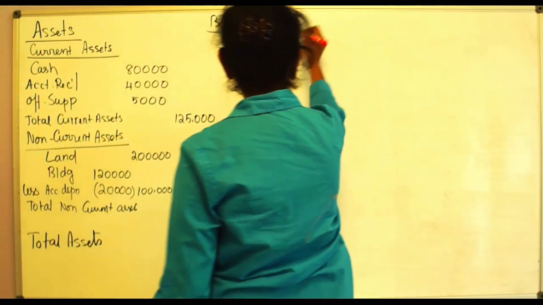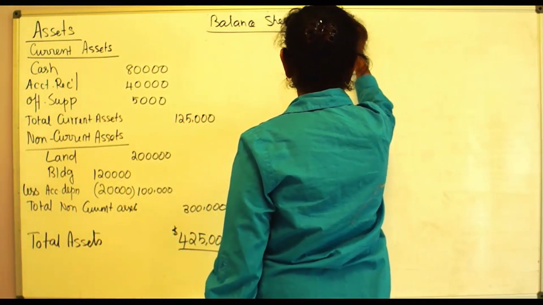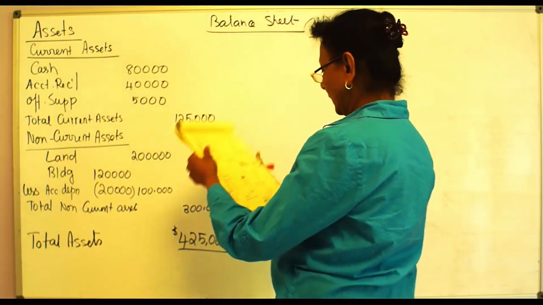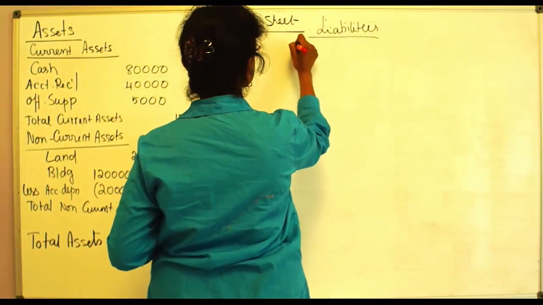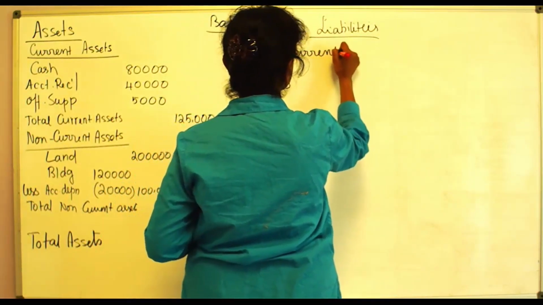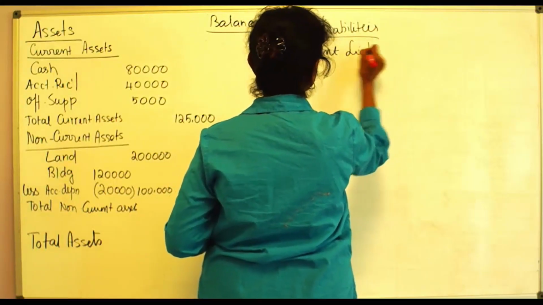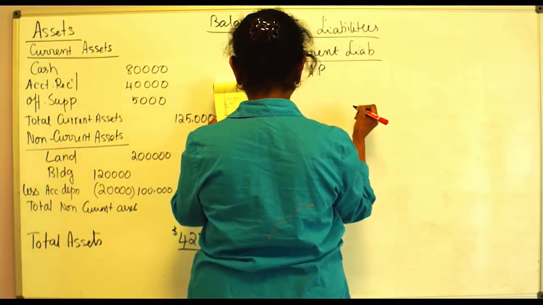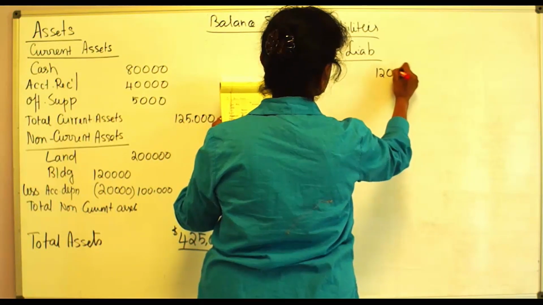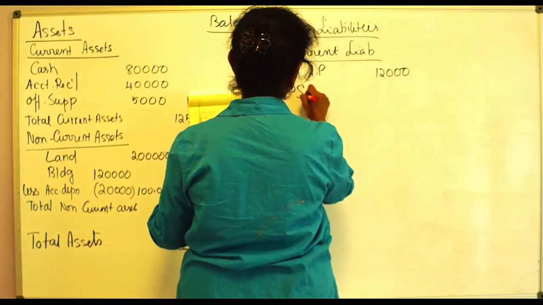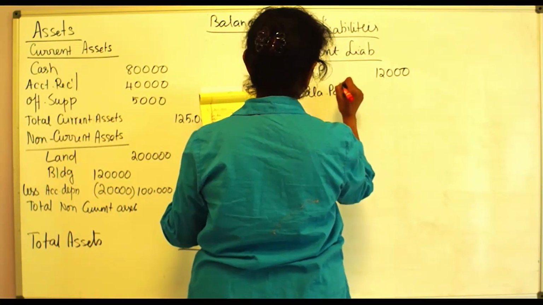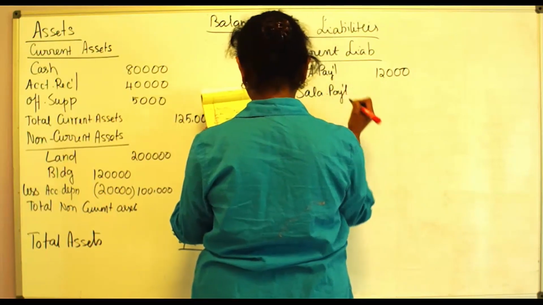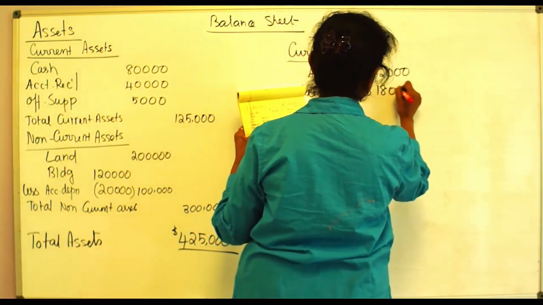Again, for liabilities, you first list your current liabilities. So here you have accounts payable, 12,000, salary payable, 18,000.